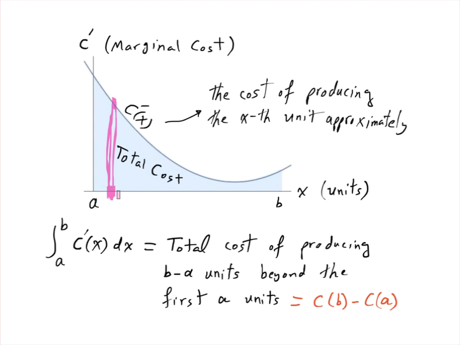So it's the net change in the cost when we raise the production level from A to B. And of course, it's the cost of producing B units minus the cost of producing A units. And that's the net change in the cost.